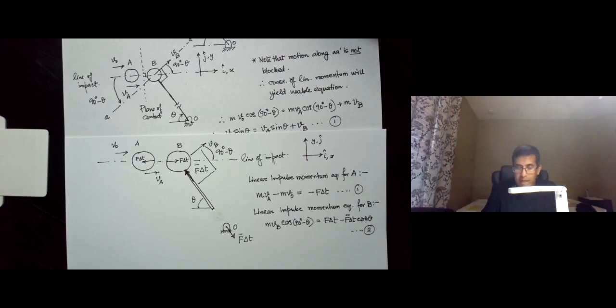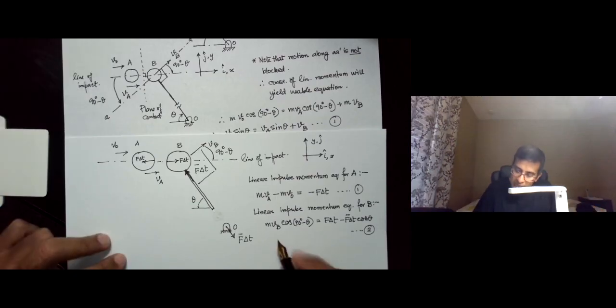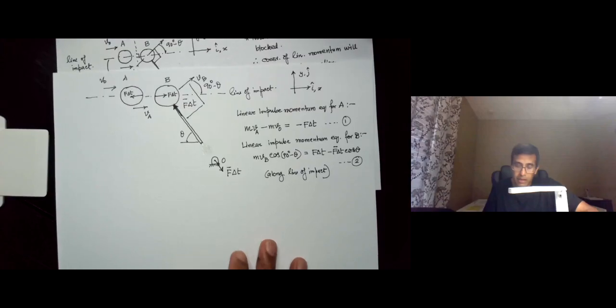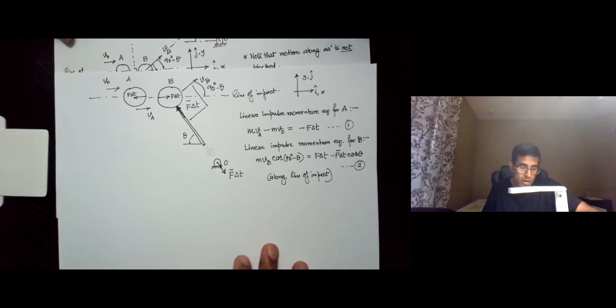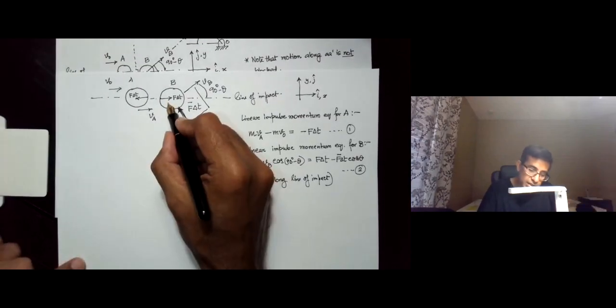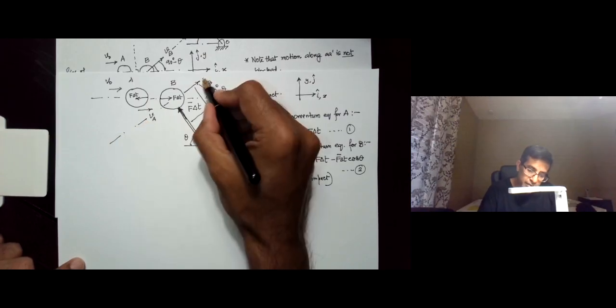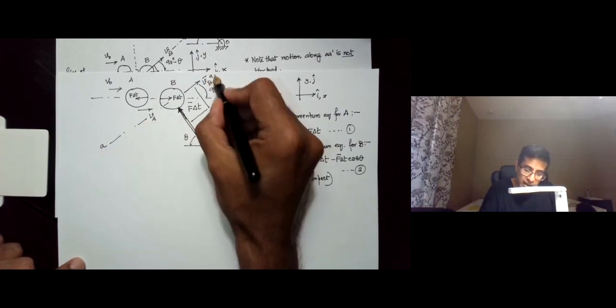Now we can write the linear impulse momentum equation for B, let's say along this direction A prime. We have identified this direction as A prime.